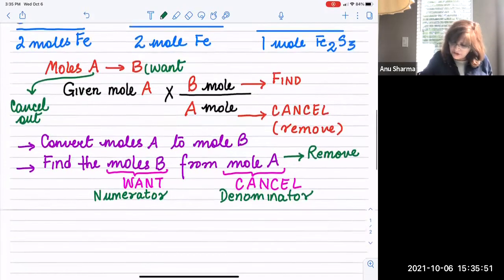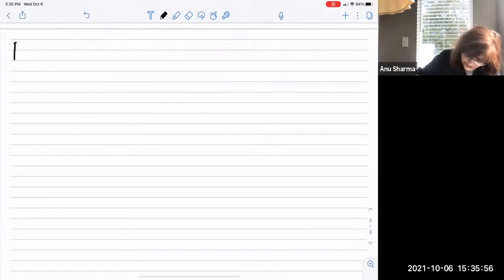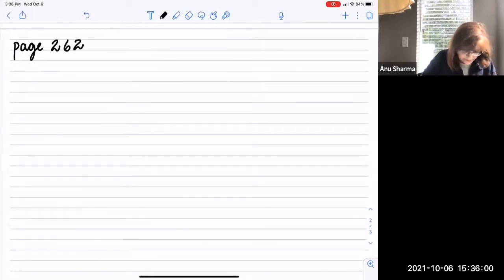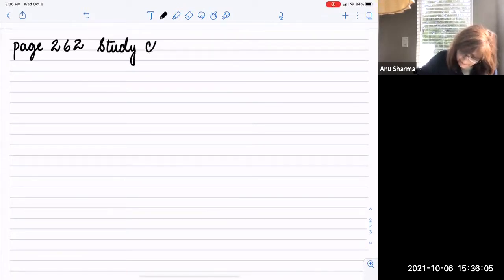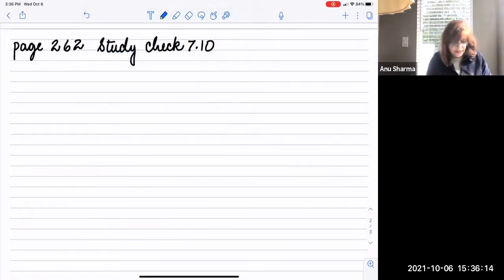Okay, now let's do this problem, page 262, and this is the problem, study check 7.10. So here we see, using the equation in sample problem 7.10, calculate the number of moles of iron needed to react with 2.75 moles of sulfur.